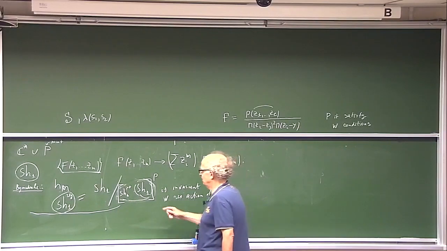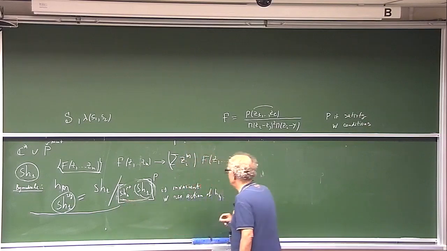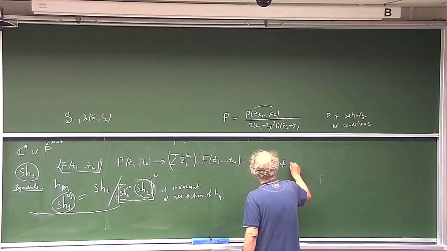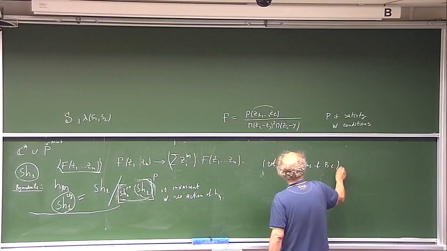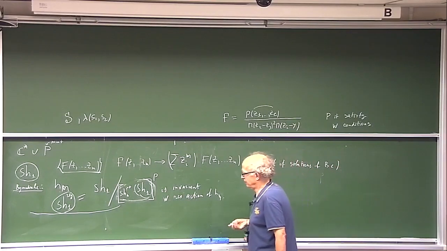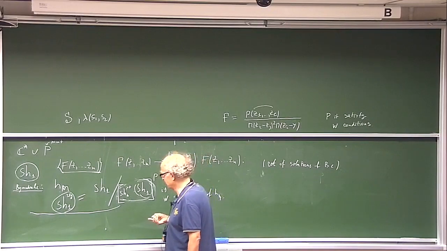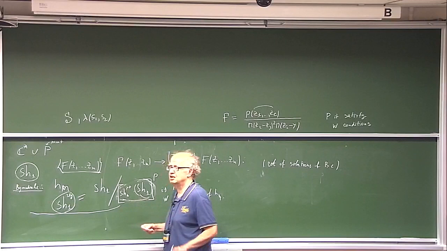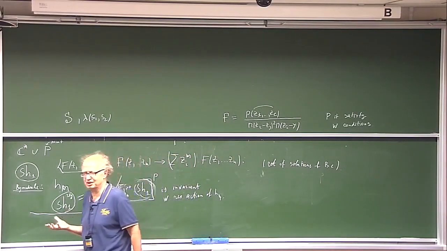This is the space of functions which are 0 on the set of solutions of the Bethe equation. And if we are happy with this hard proof in general, then this quotient is just the space of functions on a solution of the Bethe equation.